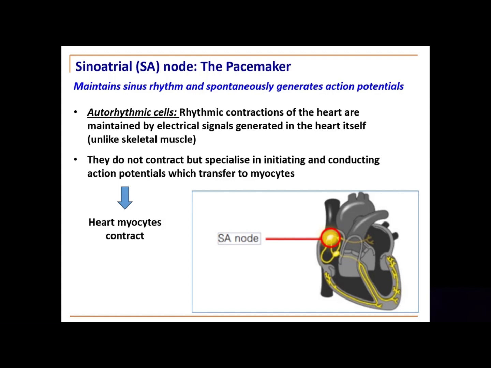And of course, we know that the heart rate changes and the strength of contractions change. That is regulated through the autonomic nervous system, which consists of the sympathetic, the fight or flight, and the parasympathetic, the rest and digest. What we can do to these autorhythmic cells and other cells within the electrical conductance pathway is called chronotropism.